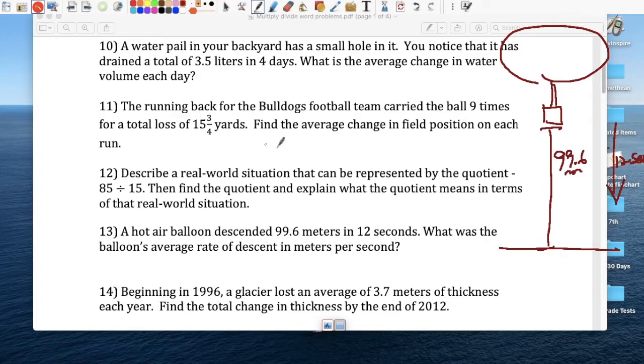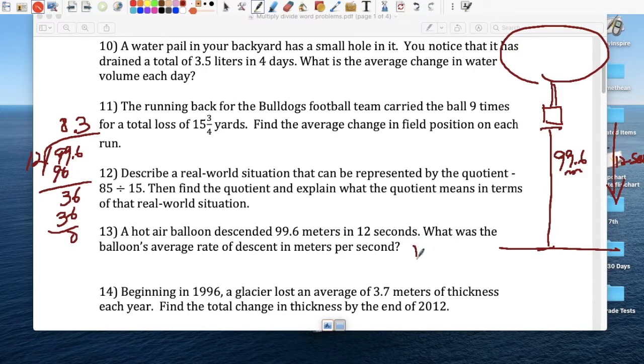So again, it's just division: 99.6 divided by 12. We can do that right away. 12 times 8 is 96. Subtract, we got 3 leftover, 36. And then 12 goes into 36 3 times.